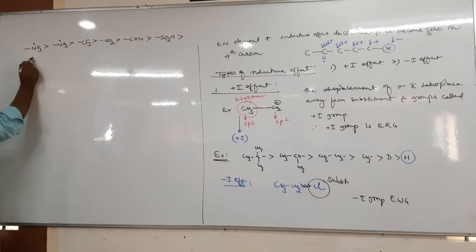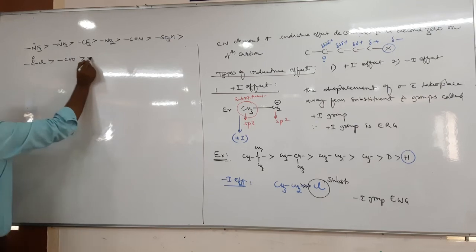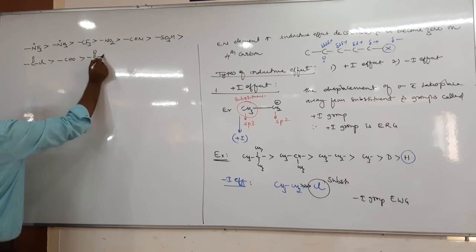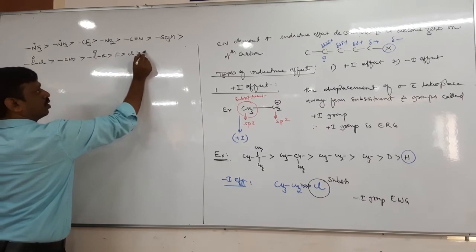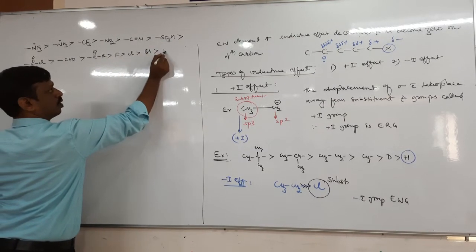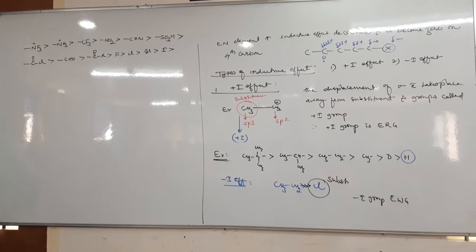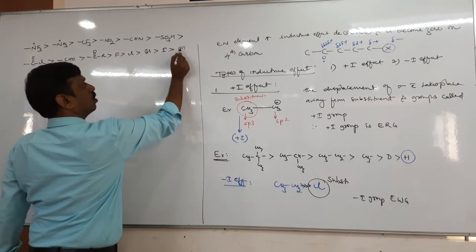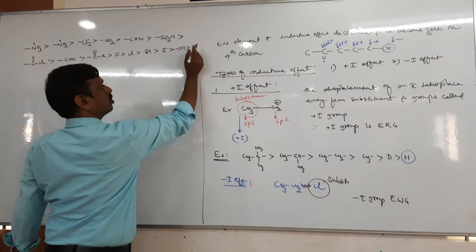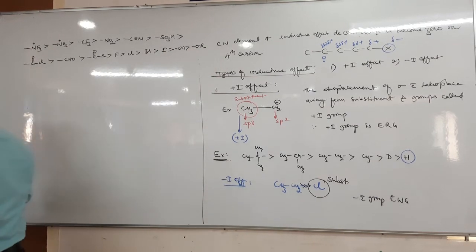Next is acid chloride, then aldehyde, ketone, next is fluorine, chlorine, bromine, iodine, OH, then OR. So these are some important minus I groups.